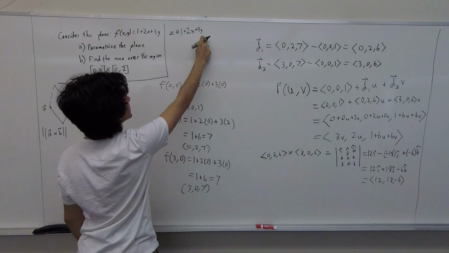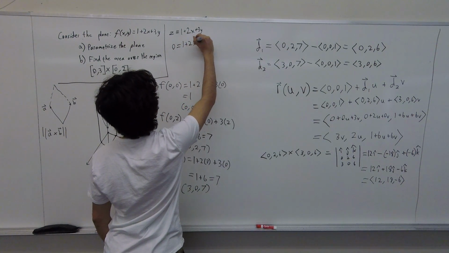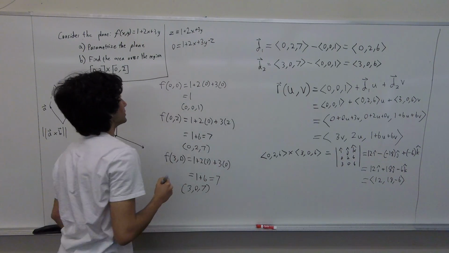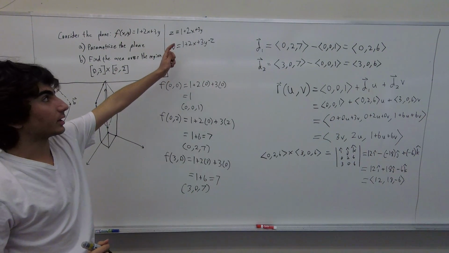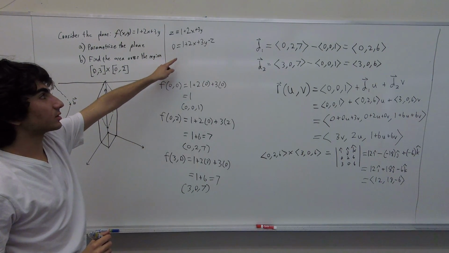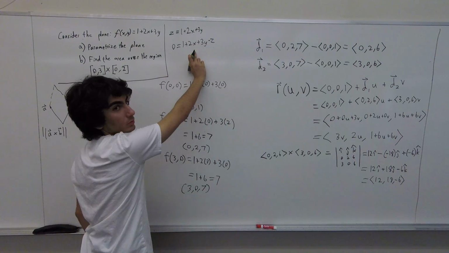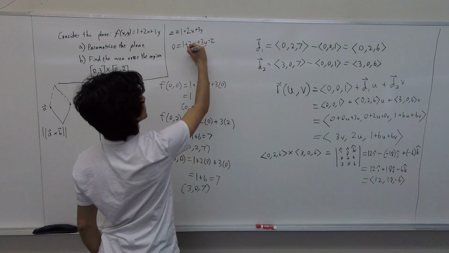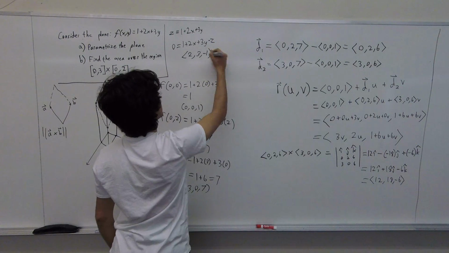And if we move the z to this side, we get 0 equals 1 plus 2x plus 3y minus z. And this tells us that a normal vector to this plane should be a multiple of the coefficients of each of these variables as components of a vector. So 2, 3, negative 1.